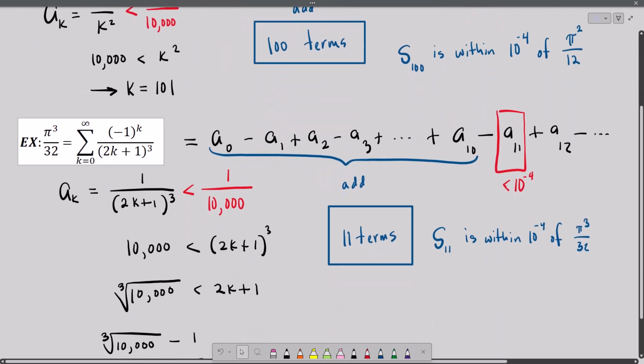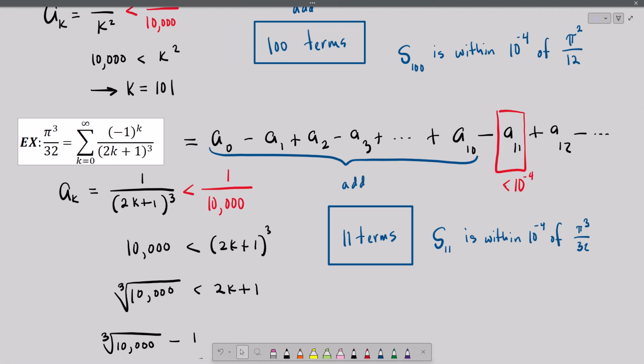When you look at your a sub k here, the limit is 0 as k goes to infinity. And if you go from k to k plus 1, if you replace that k with the k plus 1, you've increased the denominator, so you've shrunk the fraction. So they're all decreasing to 0, which means they're converging. Decreasing to 0 means they converge when you take away the switch.